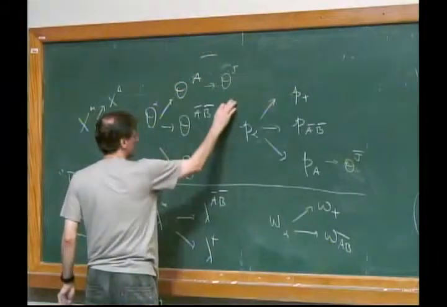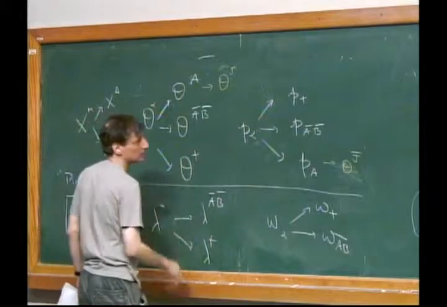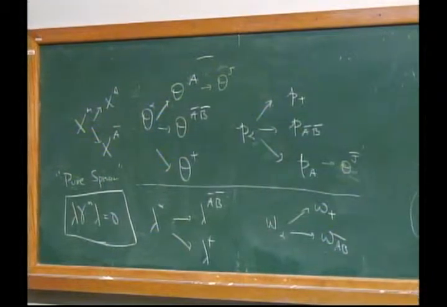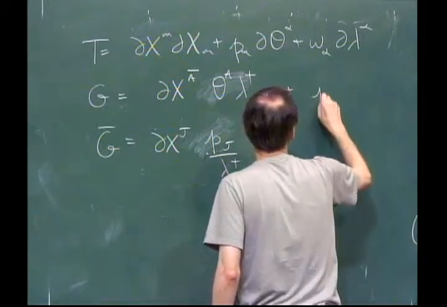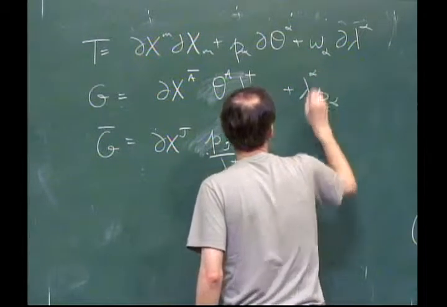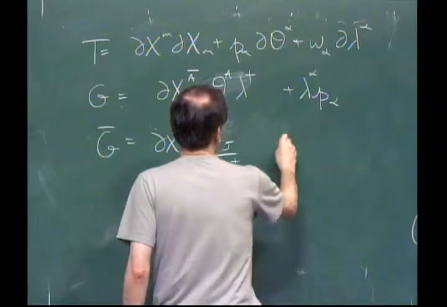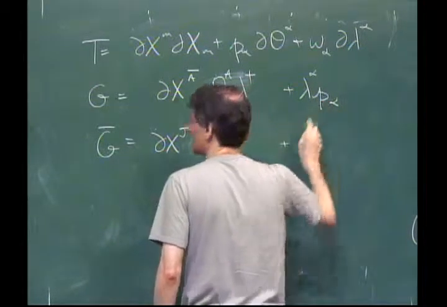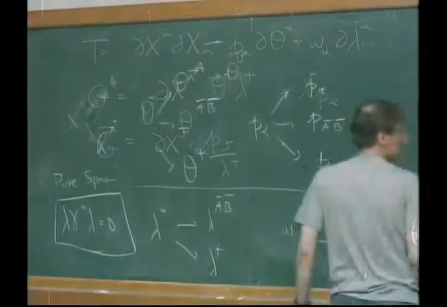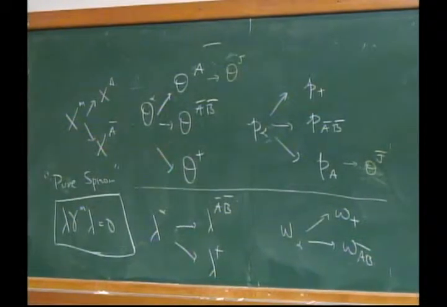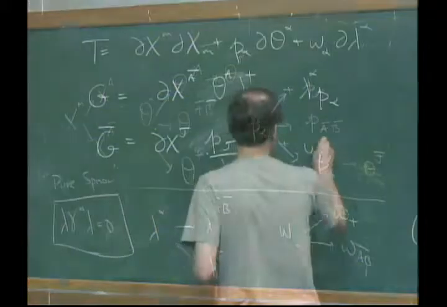But then, of course, you also have these additional degrees of freedom. So that's going to transform the thetas into the lambdas, which will be represented by this term here. And it's going to transform the w's into these p's. So that turns out to be this term.